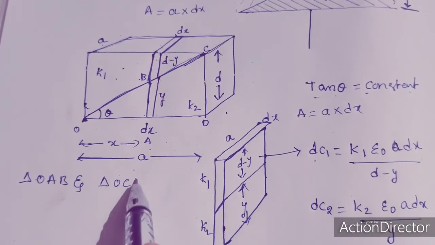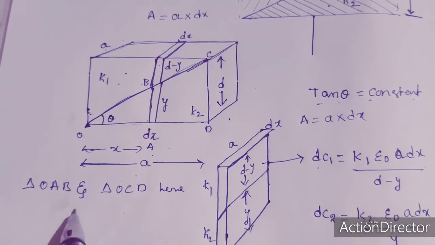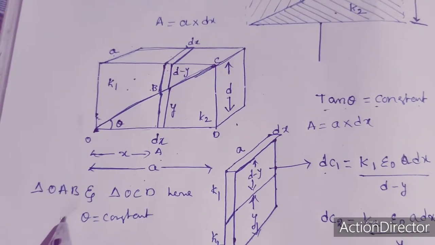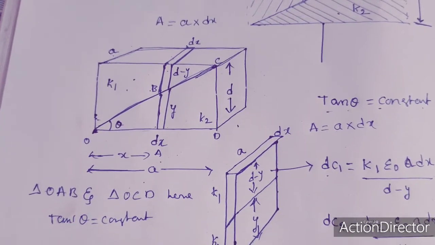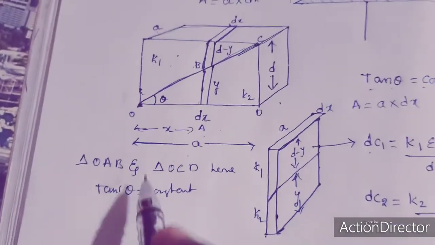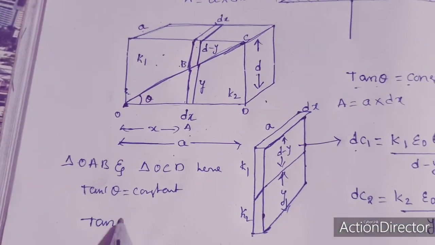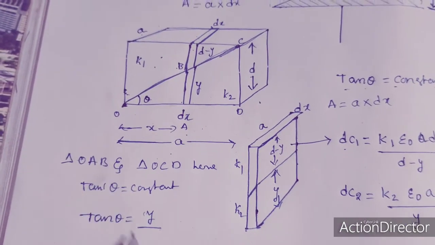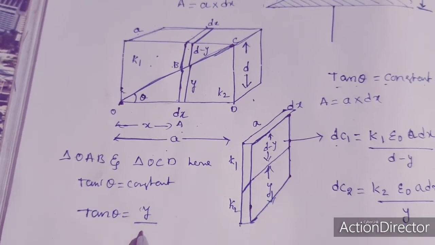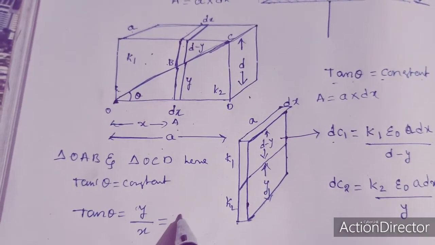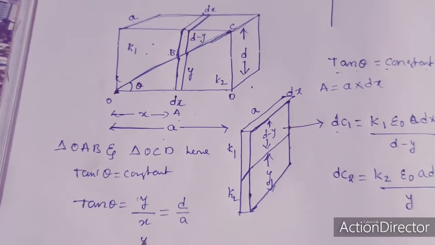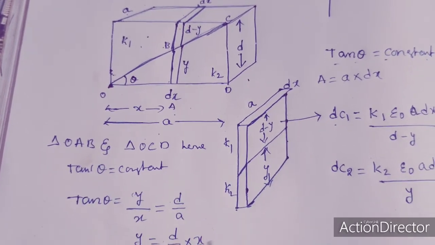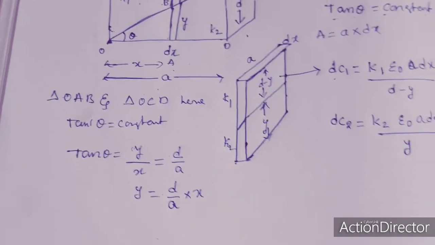Here theta is constant. Since tan theta is constant, we can represent tan theta equal to opposite side by adjacent side. For the first right angle triangle, y by x is equal to d by a. So y equal to d by a into x.